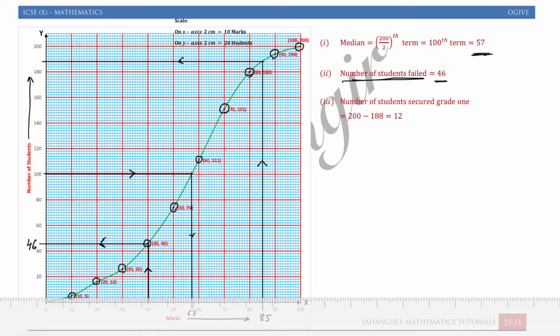Let's take the reading. At 85 the reading is 188. So we can say the number of students who secured grade 1, or who got 85 marks or more, is 200 minus 188, which is 12. Therefore 12 students got grade 1.